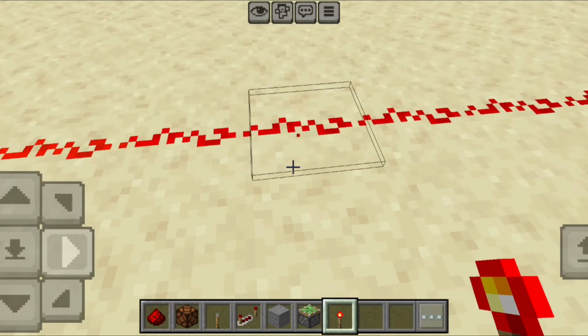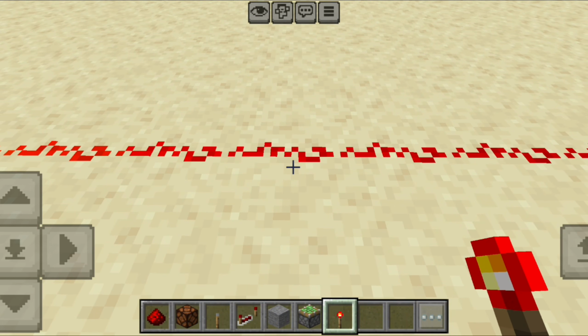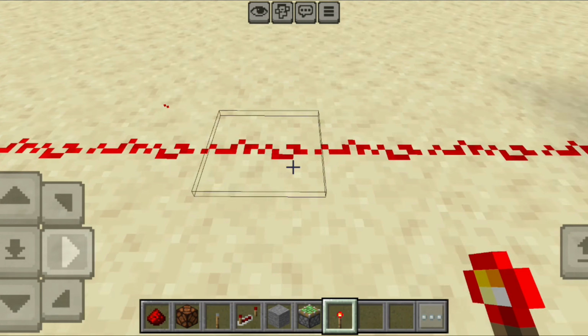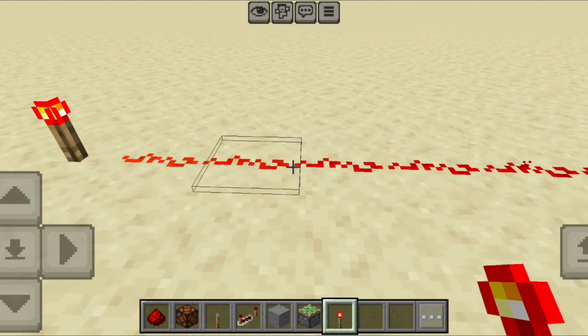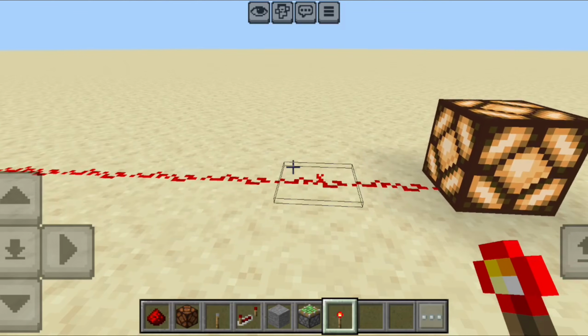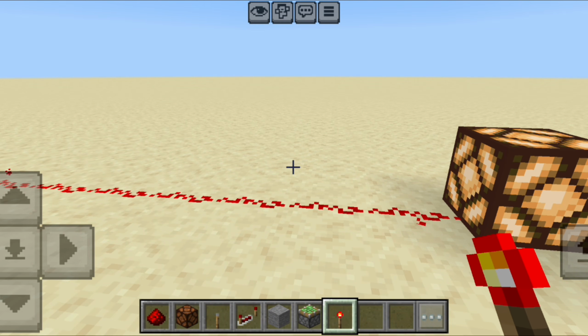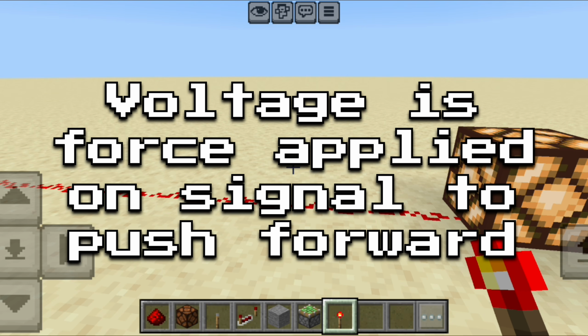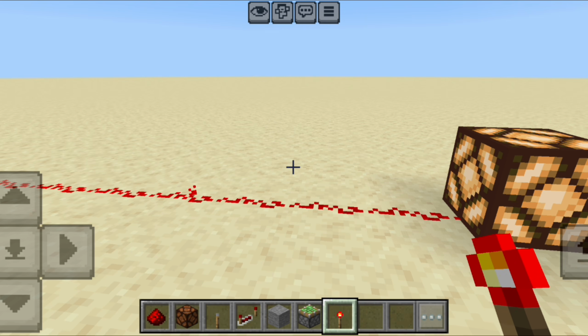See that signal strength: 15 blocks of power radiating out. You actually know, but this is not 15 blocks, it is around 8 blocks of redstone dust. That pressure, that push it gives, that is voltage in real electronics.